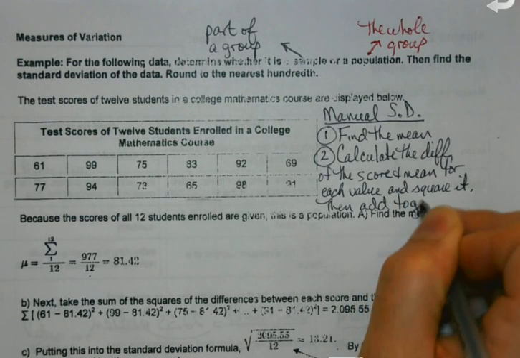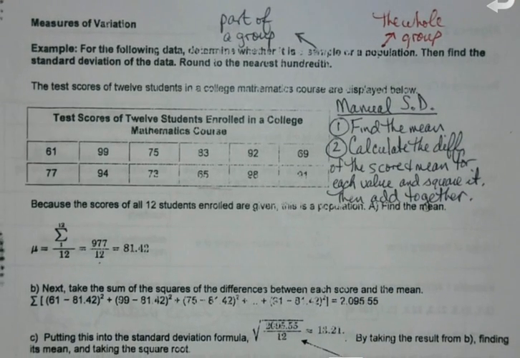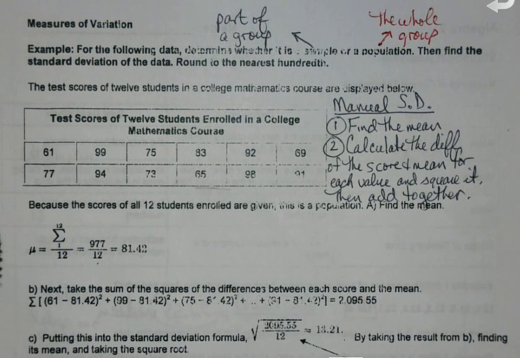And then we're going to add those together. And actually that was done on this example in letter B. So you'll notice they did like 61 minus 81.42 squared. 99 minus 81.42 squared. 75 minus 81.42 squared. And they didn't even write all of them.